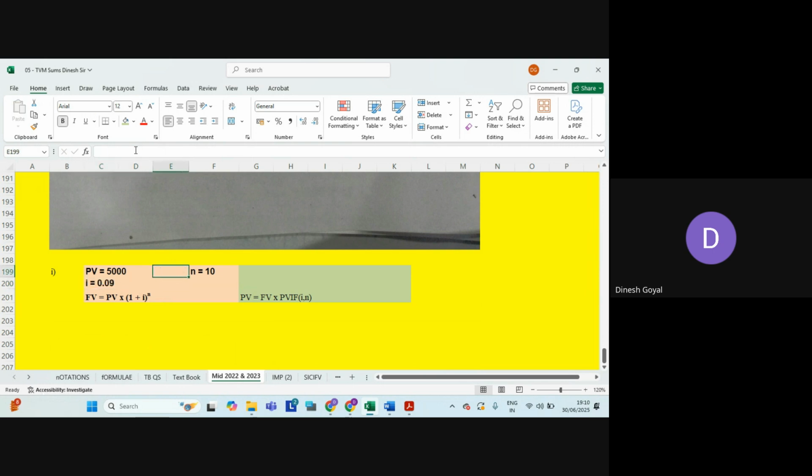First, we will find at 7%, because first it was given 7. Then we will find at 9, then 11, and then 14.